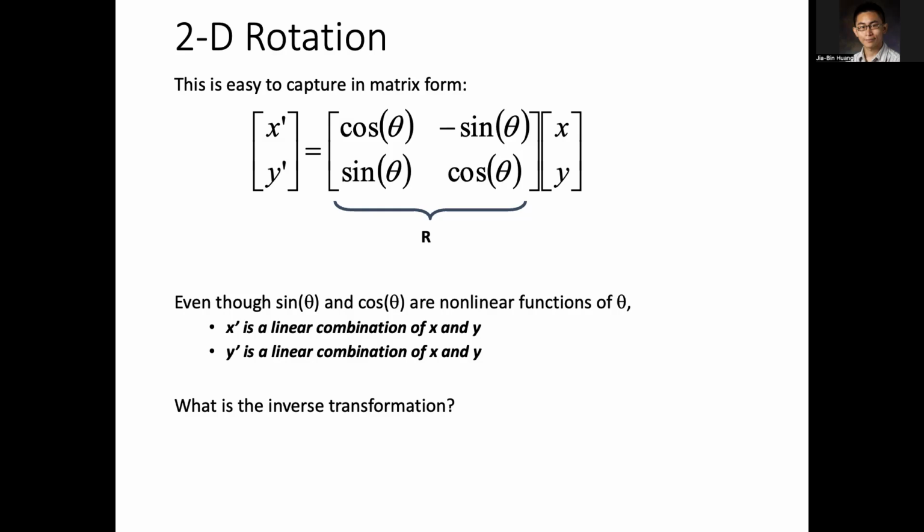Yeah, so I have a rotation R, this matrix R represents the rotation by theta. But now I have the inverse transformation of this R, and that inverse rotation is basically rotating by minus theta.